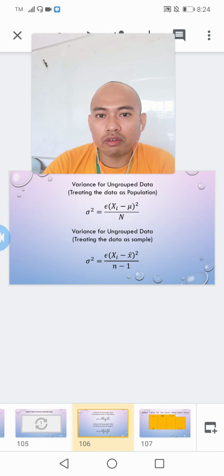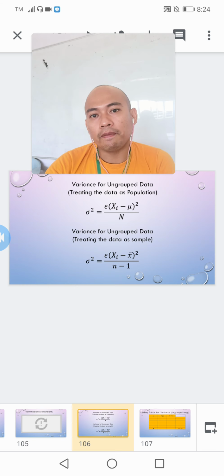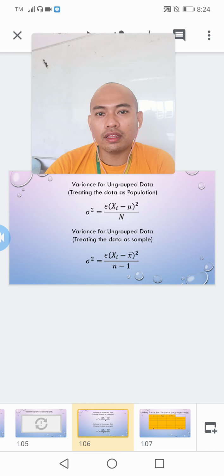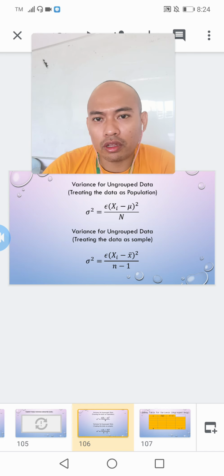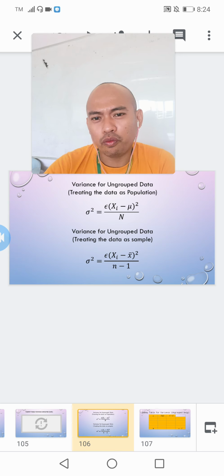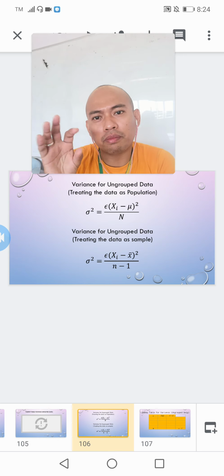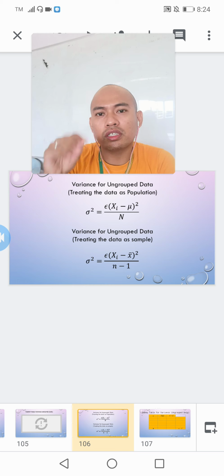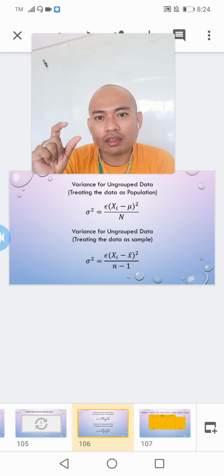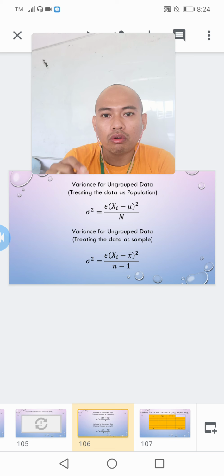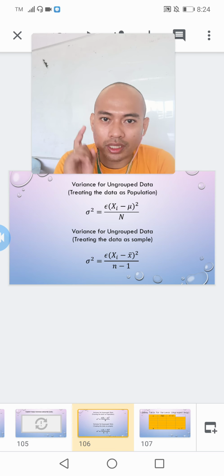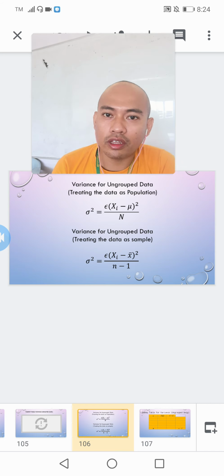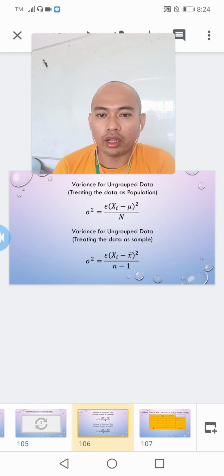What is the use of n minus 1 when treating the data as a sample? Since the sample represents the population, subtracting 1 is like trying to lessen a possible error that will occur on that sample. So the degrees of freedom is given by n minus 1.